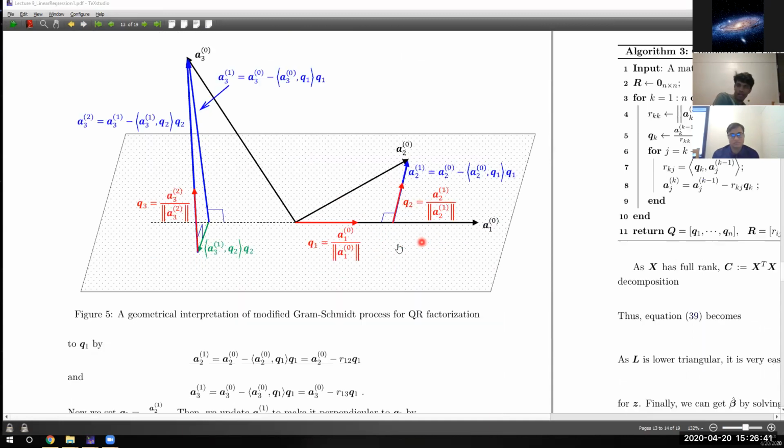Okay. And now is the trick that not only for a21, I'm going to update for a31 as well. In iteration 1, I'm going to update the original a30 to be a31, which is a30 minus the inner product of a30 with q1 times q1. In other words, the second part is the shadow. Let me make it more clear. This part is actually this.